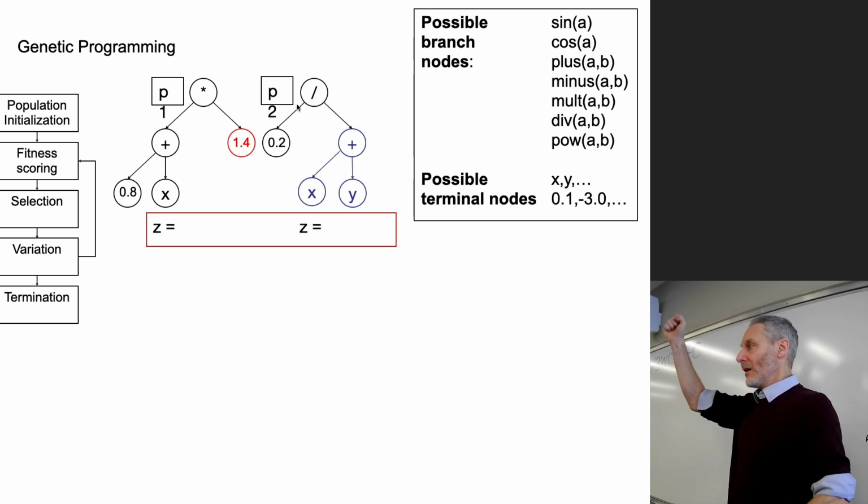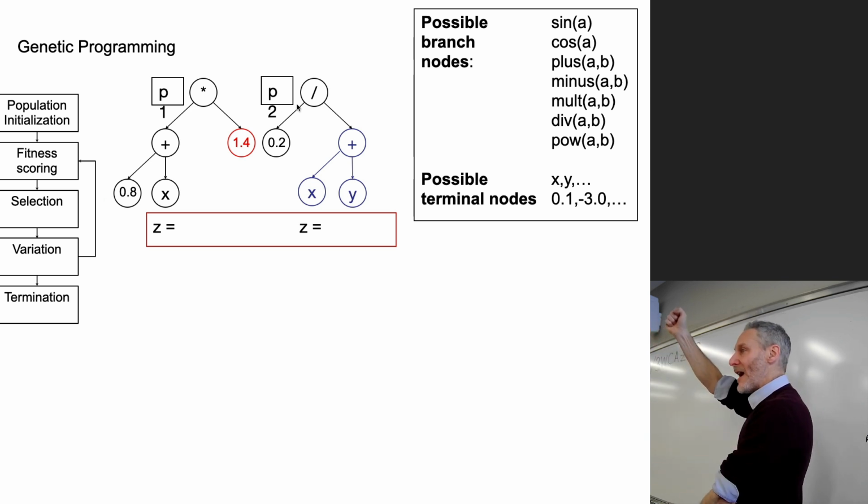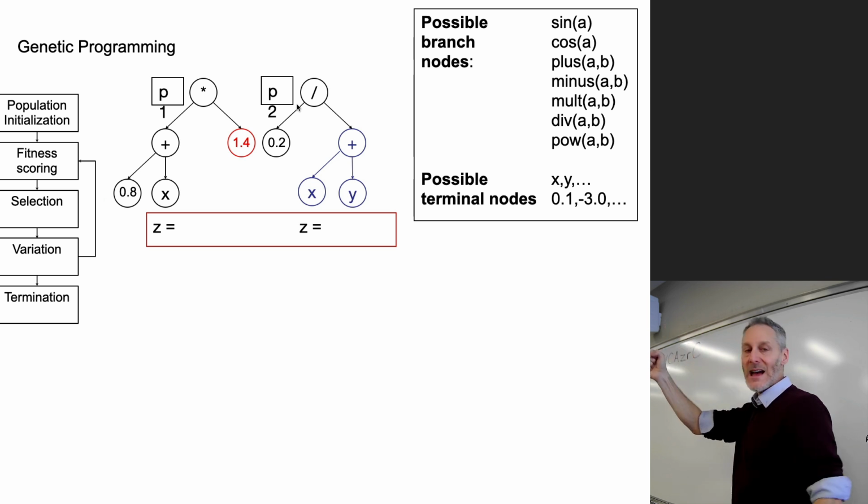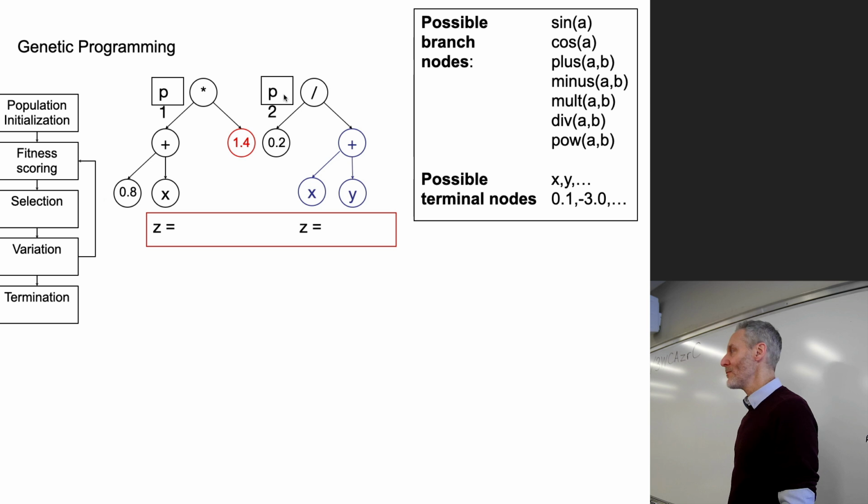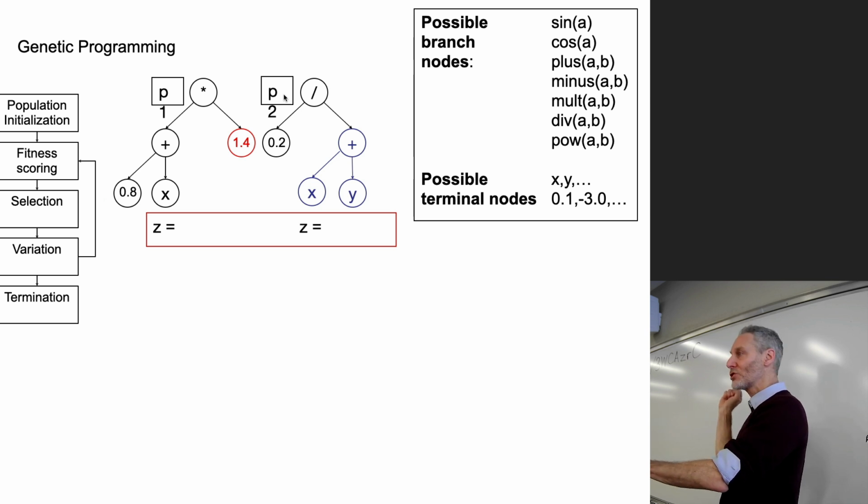Okay, we keep going. We now have n minus 1 empty slots in the population, so we go to the second empty slot, which is going to be parent 2, and we do the same thing. We keep shaking the bag and we keep pulling stuff out of it. I forgot to say, when we're done putting it in the tree, we put it back into the bag.